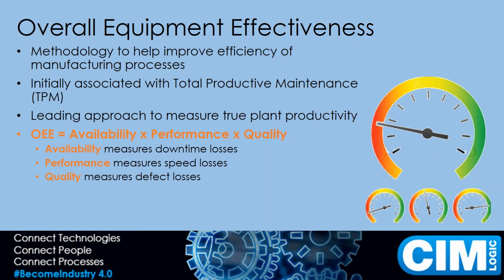It combines the three big factors that contribute to the efficiency of a line: availability, which measures downtime losses, performance, which measures speed losses, and quality, which measures defect losses. Much more than just a KPI, it can be used in the continuous improvement process that I've shown.